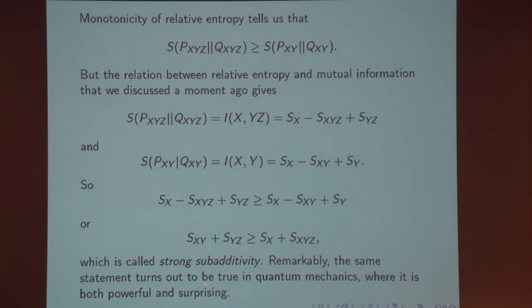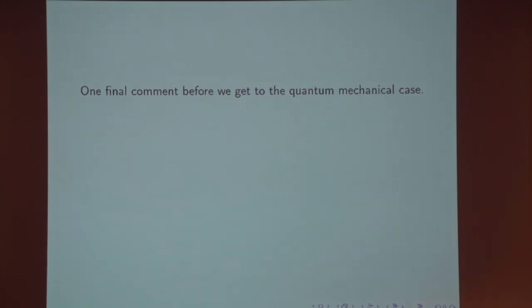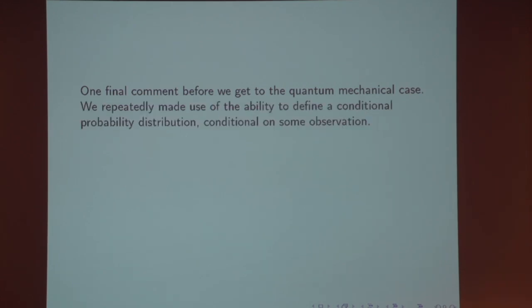So remarkably, the same statement is true in quantum mechanics, where it's both powerful and surprising. So I will make one more comment before we get to the quantum mechanical case. We repeatedly use the ability to define a conditional probability distribution, conditional on observing something. For example, if Bob heard Y, he updates his estimate of Alice's probabilities, and so on.